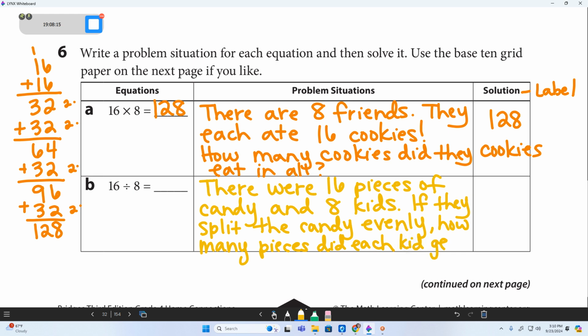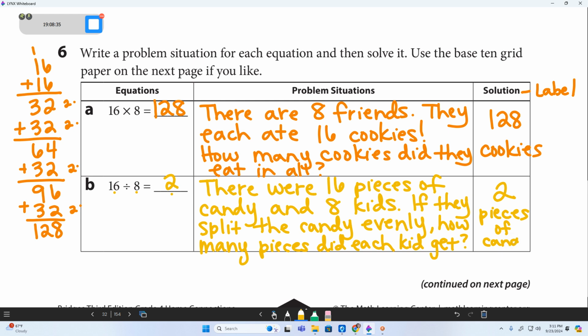And yours can be a totally different story than mine as long as it's division. 16 divided by 8 would be 2. Each kid gets 2 because 2 times 8 is 16. So my answer is going to be 2, as should yours, but you might have labeled it differently if your story was different.